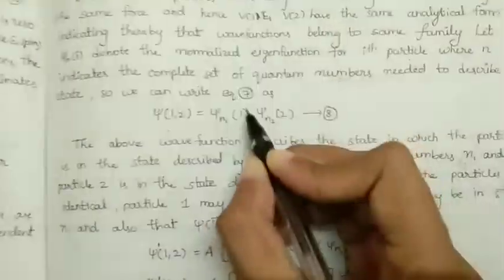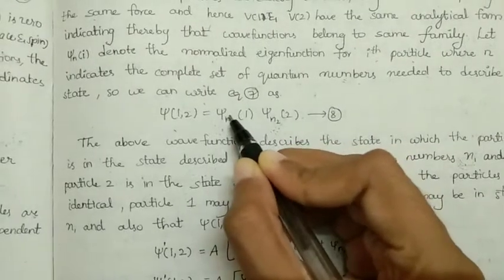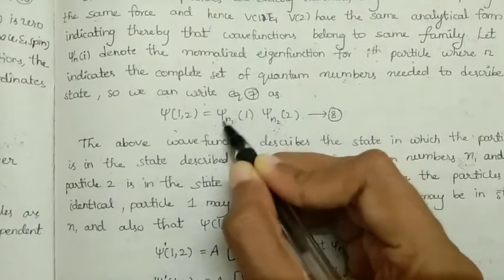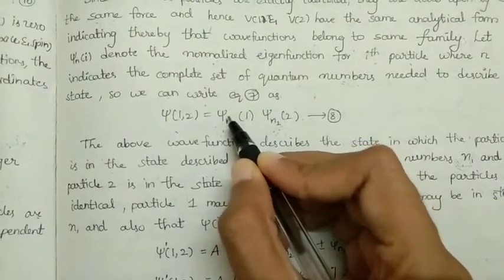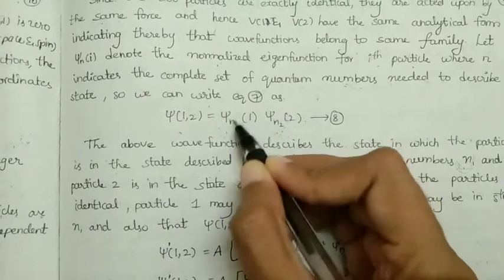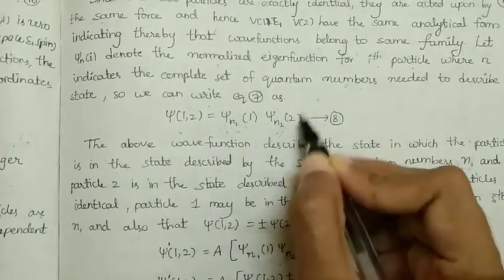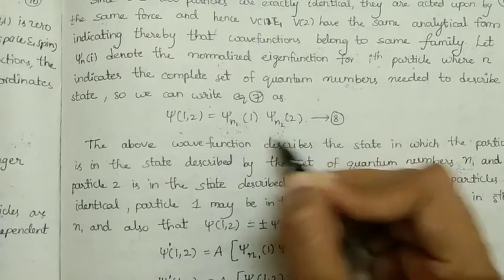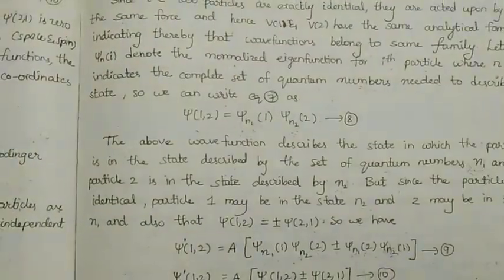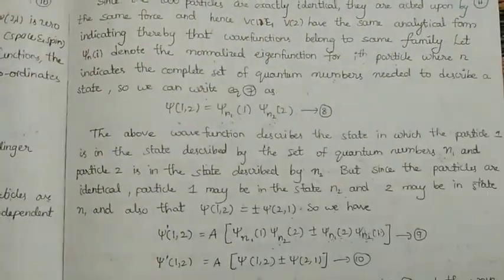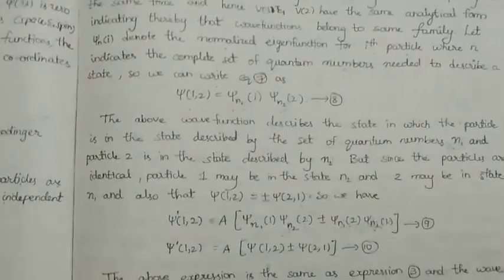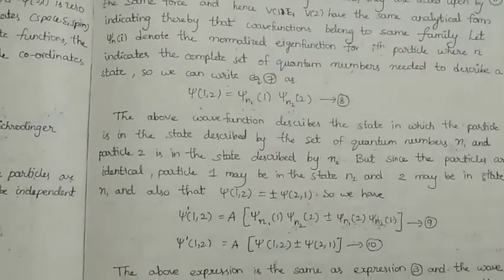This means the first particle has its quantum numbers n1 and the second particle's set of quantum numbers is n2. So each electron has its own set of quantum numbers.